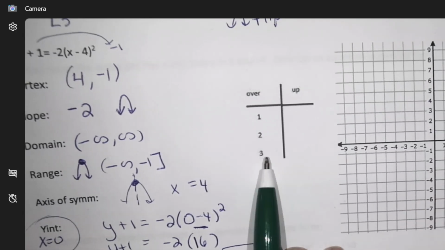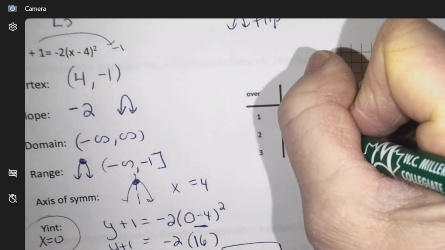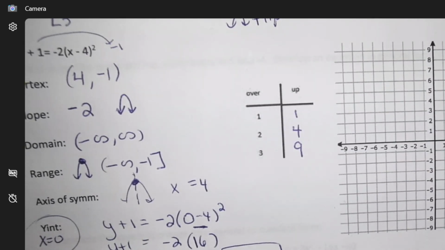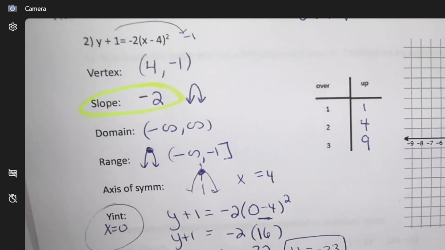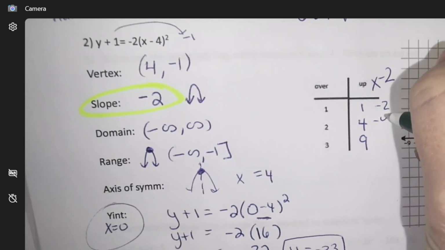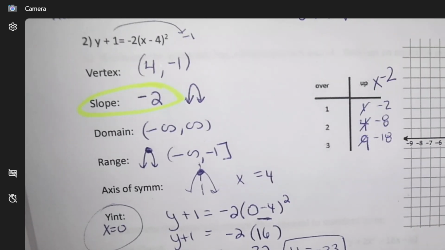Okay, I did a little over-up chart here for you. What is just normal? 1, 1, 2, 4, 3, 9. Should we leave it like that, or do we have something different going on in our pattern? We got something different. Why? Because the slope is negative 2, so what is that multiplier going to multiply? The pattern. The pattern is multiplied by negative 2.